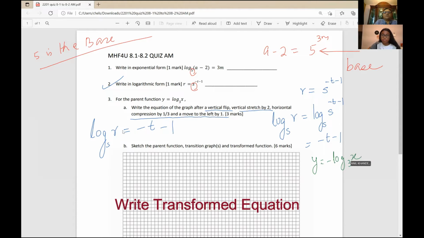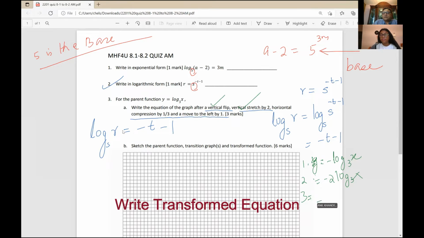This takes care of the vertical flip. Next step is vertical stretch by 2. That means it should be negative 2 log to the base 3 of x. That takes care of the vertical stretch by 2 following the flip. Horizontal compression by 1 over 3 will mean, I should not say y equals 2. We are just going step by step, right? So first, second, and third, we are doing vertical, then horizontal compression by 1 over 3.